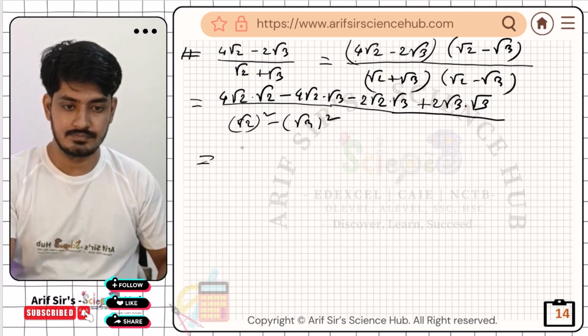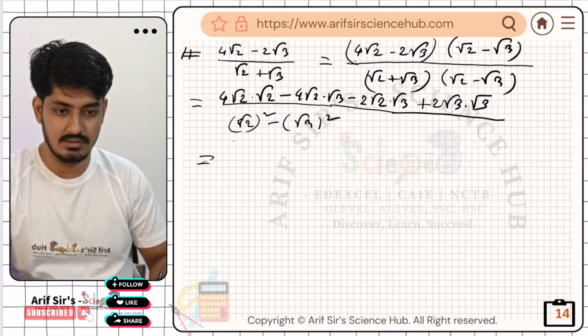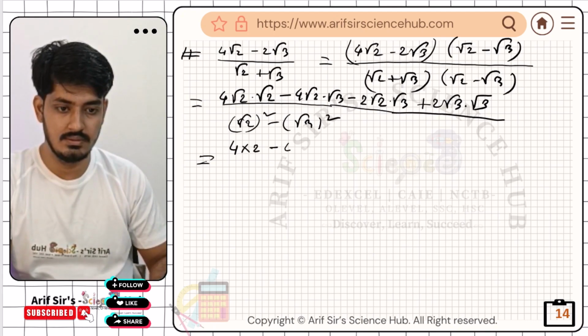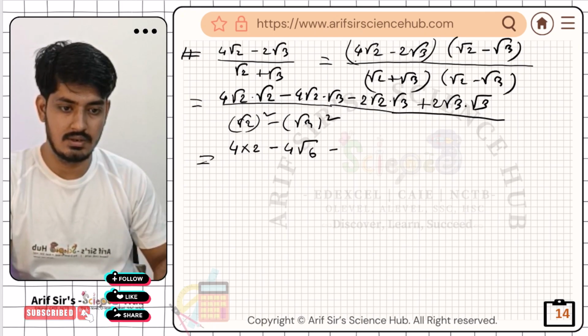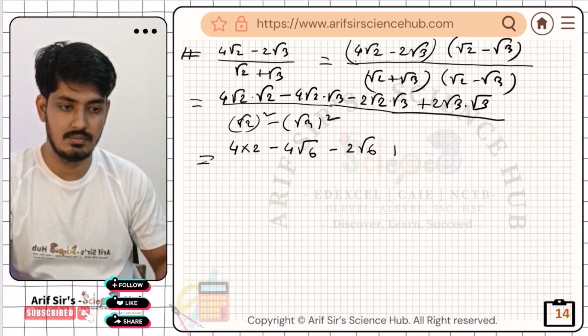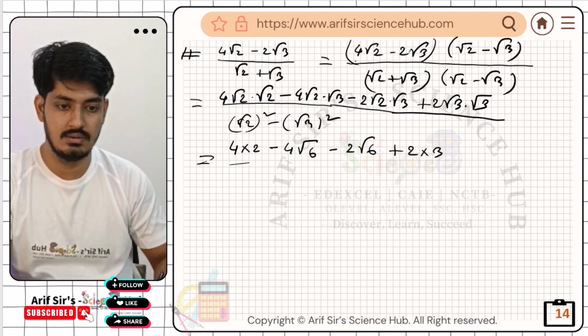Okay, now we can write 4 into 2 minus 4 into root 6 minus 2 into root 6 plus 2 into 3, and here 2 minus 3.